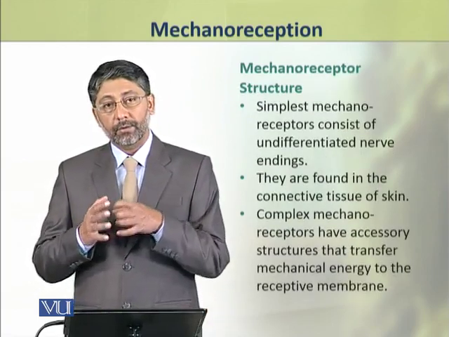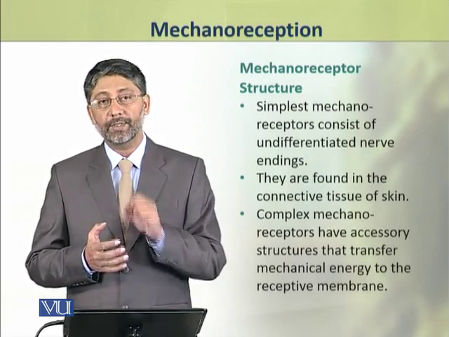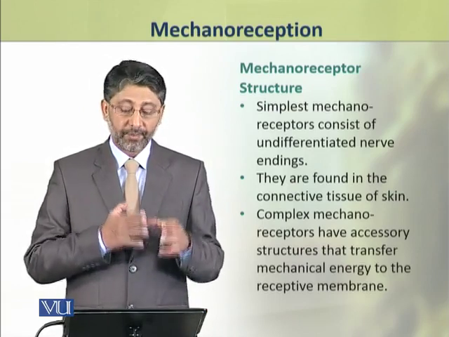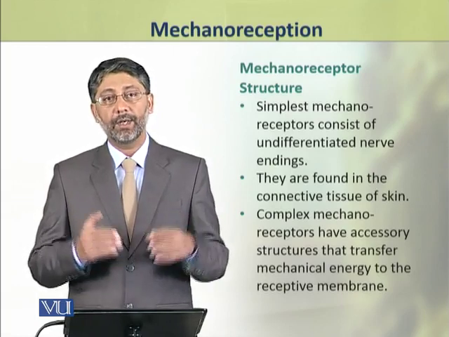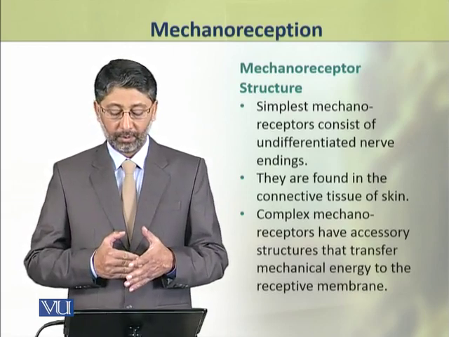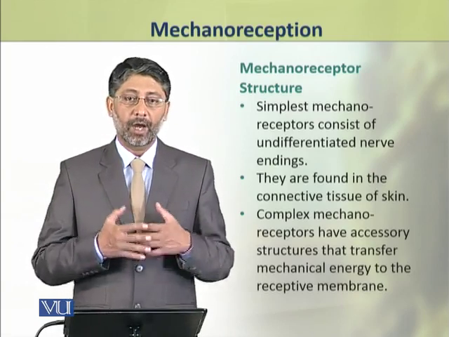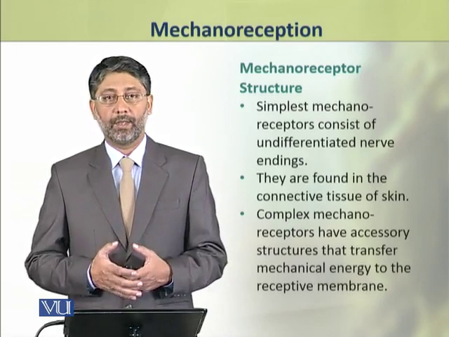Dear students, now we shall discuss the structure of mechanoreceptors. The simplest mechanoreceptors consist of undifferentiated nerve endings. These undifferentiated nerve endings are found in the connective tissues present in the skin.